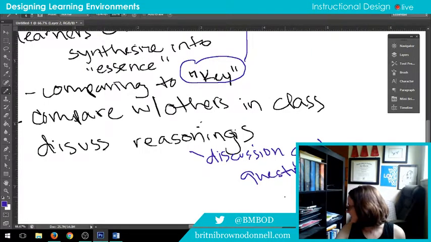But that could be used by the teacher or the learners themselves within the group. And then, of course, the instructor guide, which I've mentioned before.